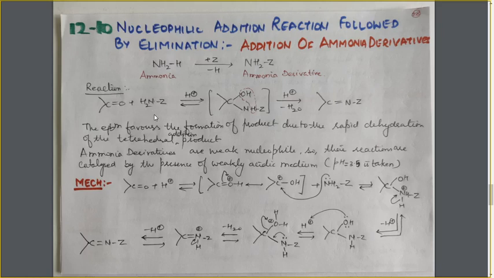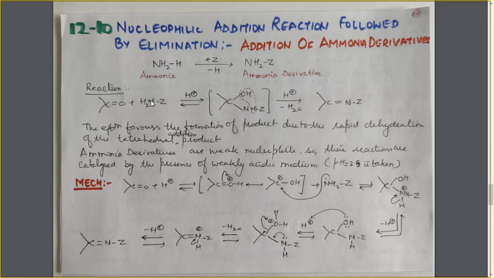What is the reaction? First of all, this ammonia derivative will react with the carbonyl compound in the presence of H positive ion. Why H positive ion? Because these are weak nucleophiles, they cannot initiate the reaction or attack this carbonyl group, and in the presence of H positive ion the attack can easily take place. How will the reaction take place?